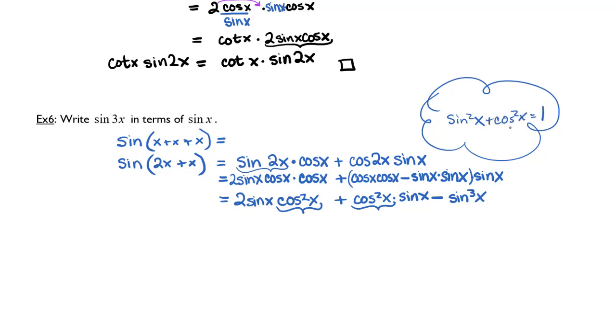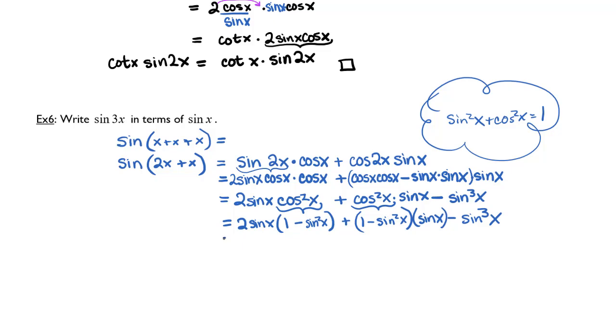So if I solve for cosine squared x, I'll have 1 minus sine squared x as the replacement, which will give me 2 sine x times 1 minus sine squared x plus, again, replacing cosine squared x with 1 minus sine squared x times sine x minus sine cubed x.